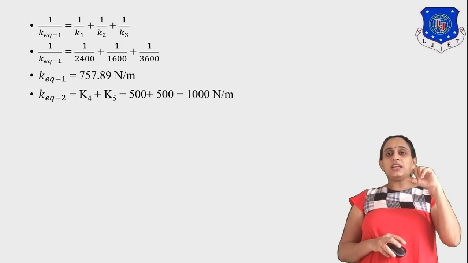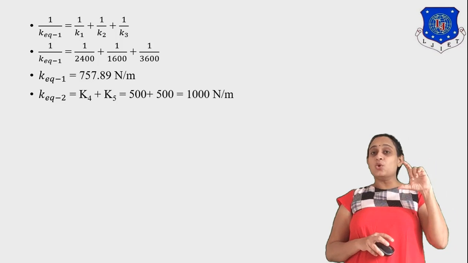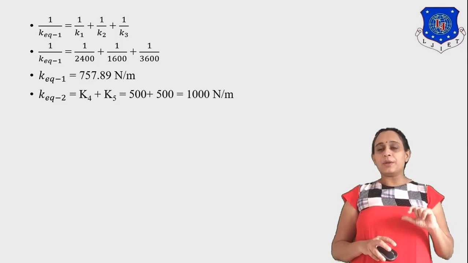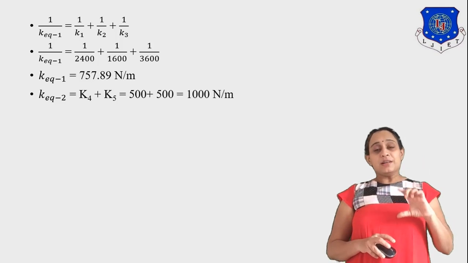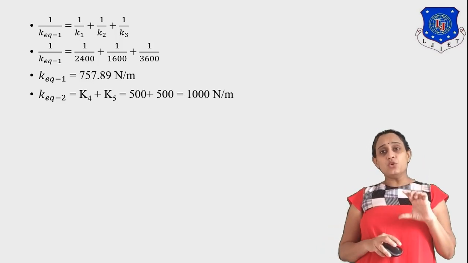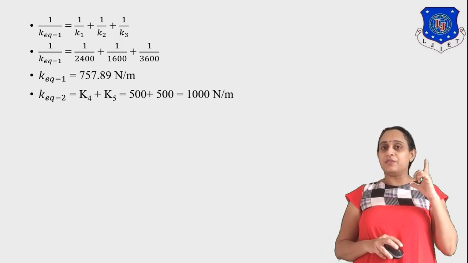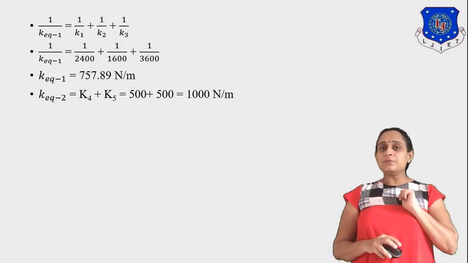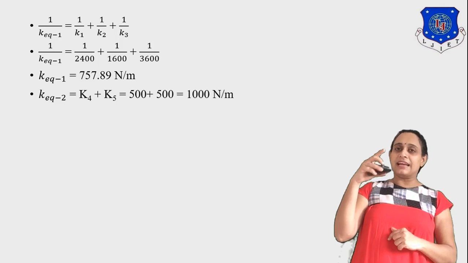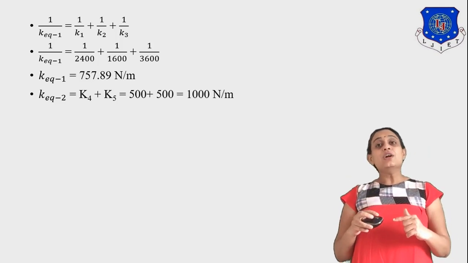Now, as you see, the uppermost stiffness is lower than the lowermost stiffness. Okay, it means the uppermost will elongate, but because the stiffness of the lower spring is higher than the upper one, it will be lesser elongated. Okay, it means what? The deflection of the upper side is equal to the deflection at the lower side.